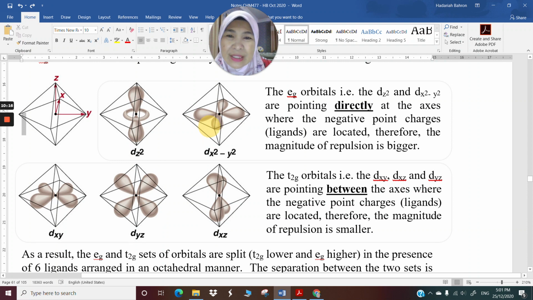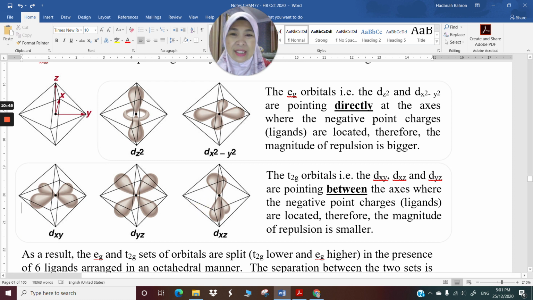The EG orbitals experience a bigger repulsion when they interact with the ligands because they are closer to the ligands, whereas the T2G orbitals experience a little bit smaller repulsion because they are slightly away from the ligands. So the difference in the magnitude of interactions between the T2G and the EG will remove the degeneracy of these 5 orbitals.